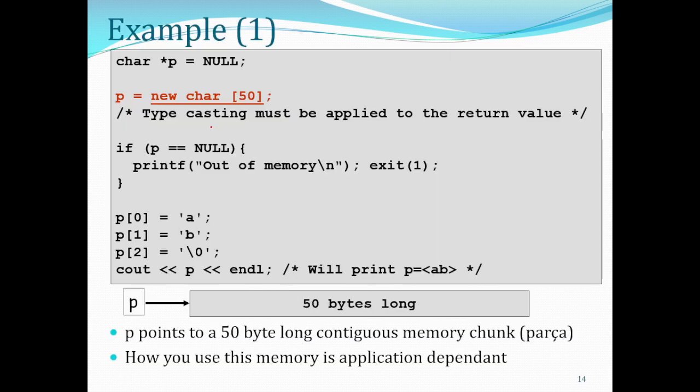And what else? Here's an example. We have a char pointer. Right now it's null, and if something goes wrong with the new function, which means there is not enough space to get that chunk, it will tell me out of memory.